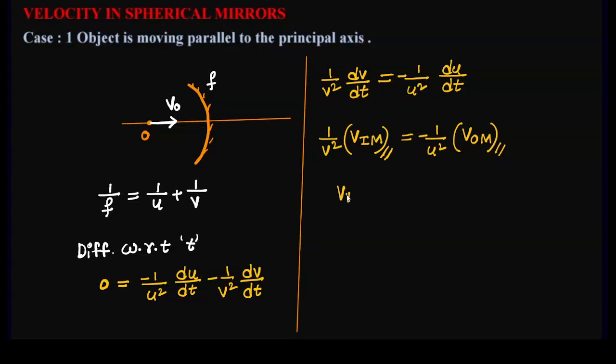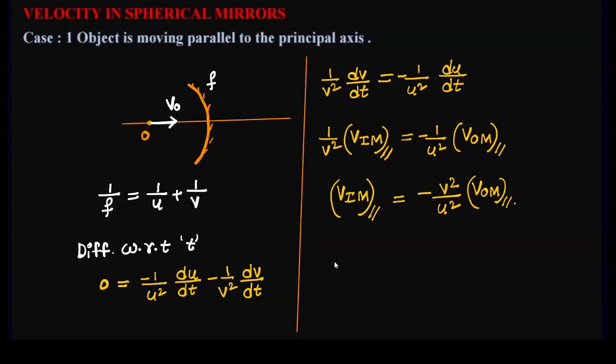Then finally, velocity of image with respect to mirror in parallel is equal to minus of v square by u square into velocity of object with respect to mirror in parallel.